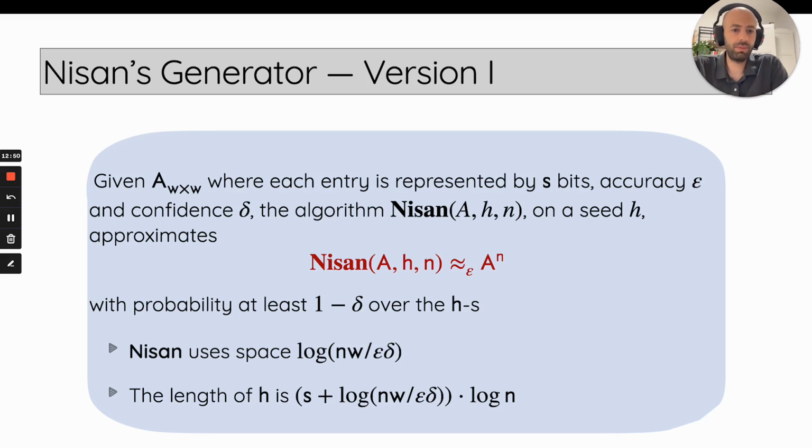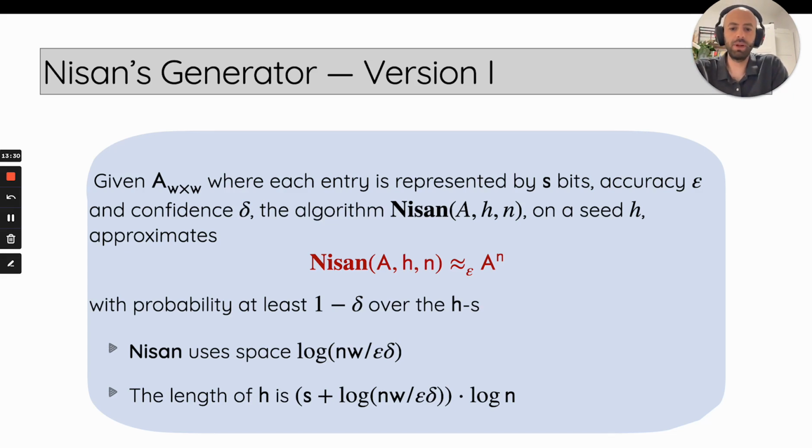We're given some accuracy parameter epsilon, some confidence parameter delta, and the algorithm, on a random seed H, approximates A to the N such that with probability at least 1 minus delta over the H's, it uses space which is logarithmic, log NW over epsilon delta, but the length of H, the number of bits needed to represent H, is roughly log squared n.